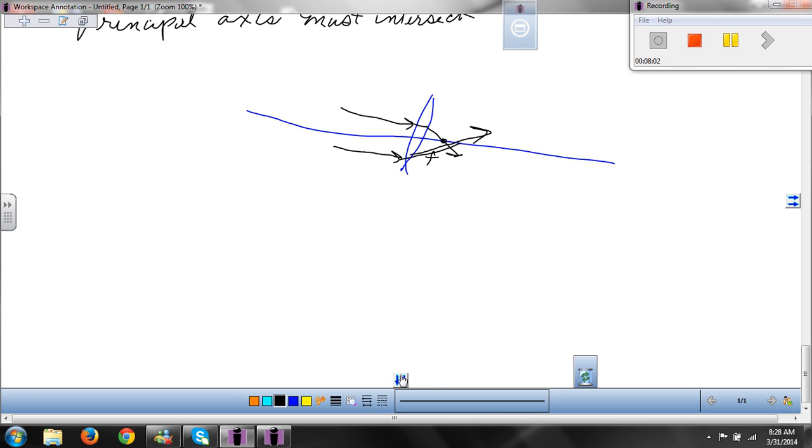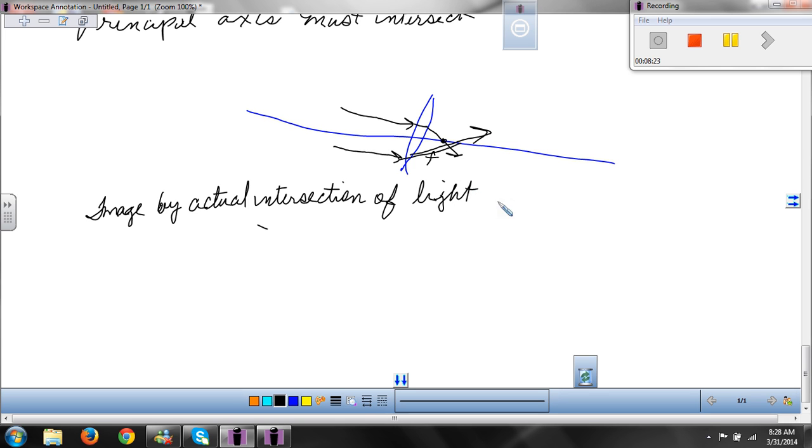Alright, the third one is the real image. Image formed by actual intersection of light rays. Okay, it can be cast upon a screen.